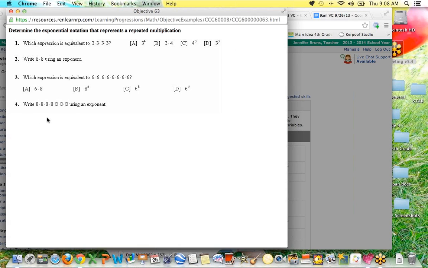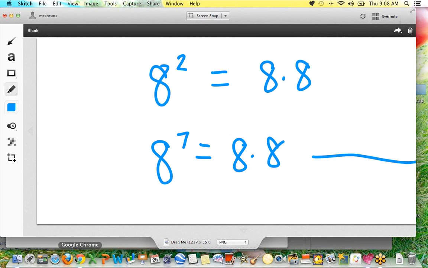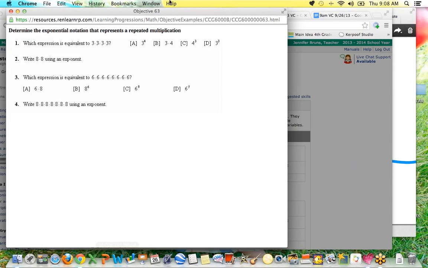I can't remember. It would be 8 to the 7th power, right? Because that is 8 times itself 7 times. So you would write 8 to the 7th power like this. 8 to the 7th power is the same thing as saying 8 times 8 times 8 all the way through. Okay? All right. That was pretty easy, I think.